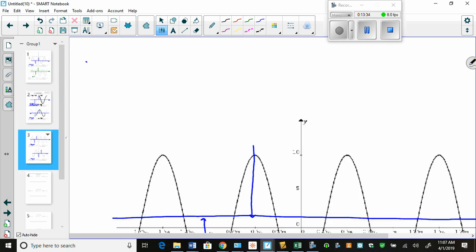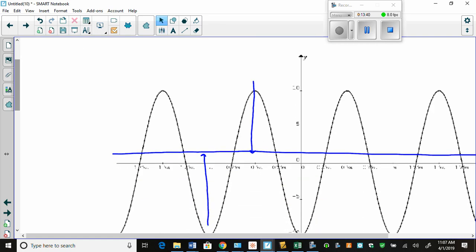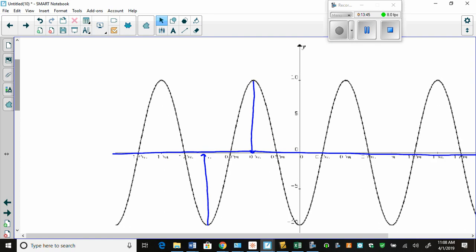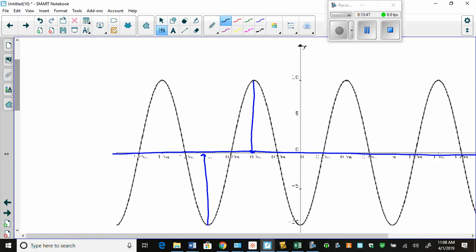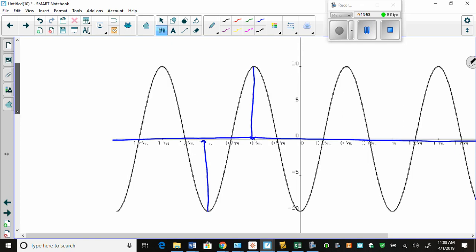Is this the next one that I shifted? Okay. This graph, I'm going to start at a min.